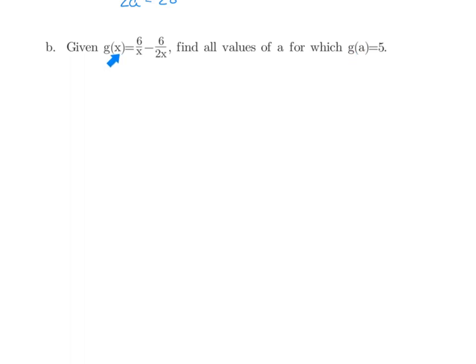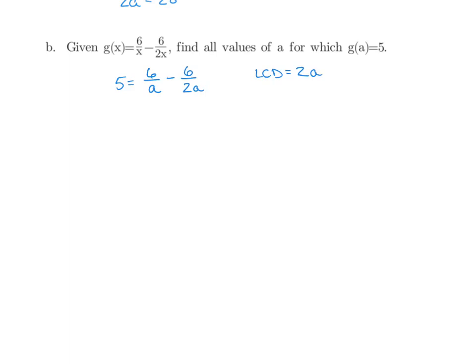So I'm going to replace all of my x's with a's, and I'm going to set the whole thing equal to 5. So we get 5 equals 6 over, remember x is a, minus 6 over 2a. We want a least common denominator, and my LCD for this is going to be 2a.